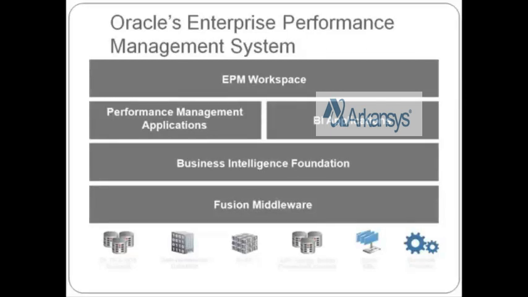Under the performance management applications, your financial management, planning, strategic finance, performance scorecard, or any of the Hyperion products you name will be sitting. Based on the business intelligence foundation layer, the financial management application will be fetching data to view it.